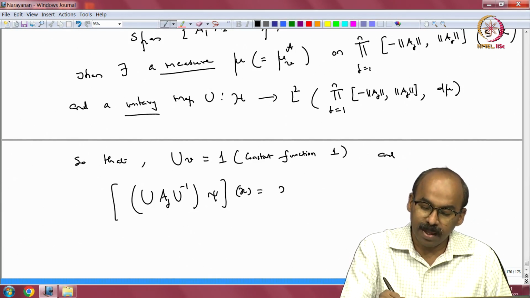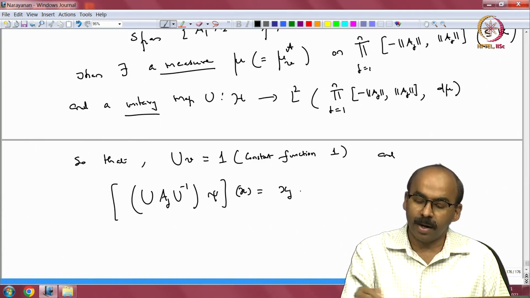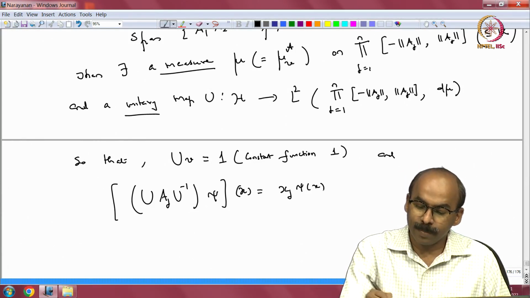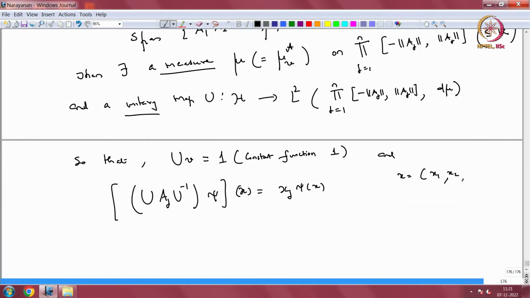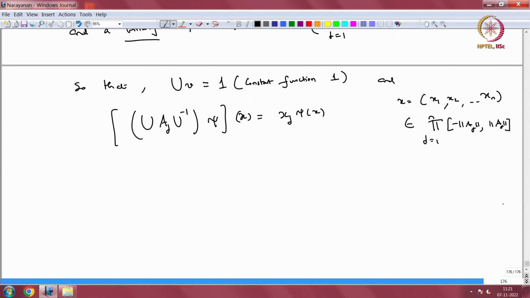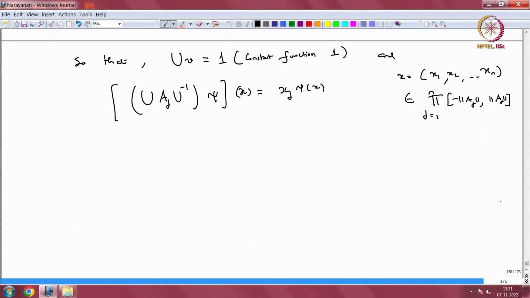So this is simply xj, the jth coordinate, times psi of x. Here x is equal to (x1, x2, ..., xn), in the product space, the product over j equal to 1 to n of [-norm Aj, norm Aj]. That is how the statement in the commuting case looks.